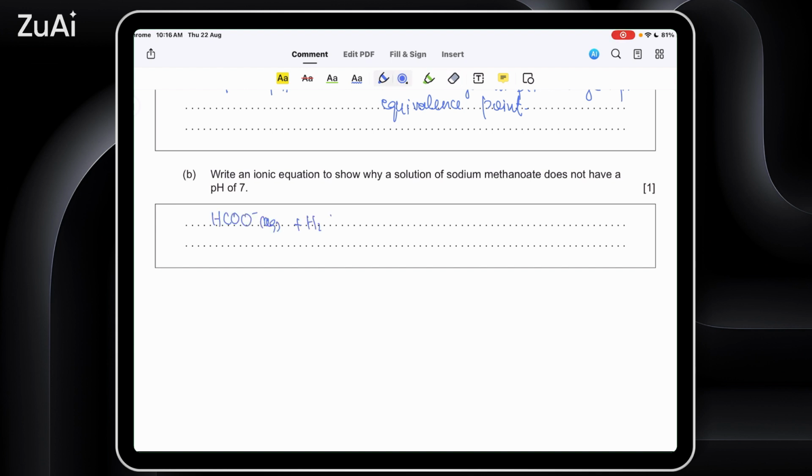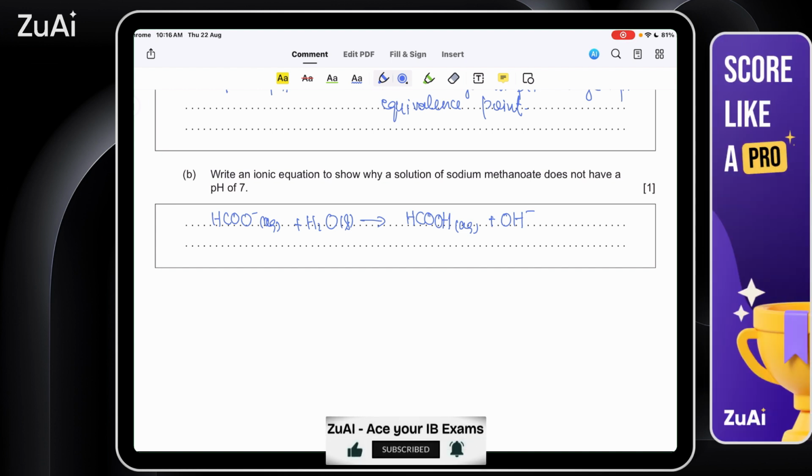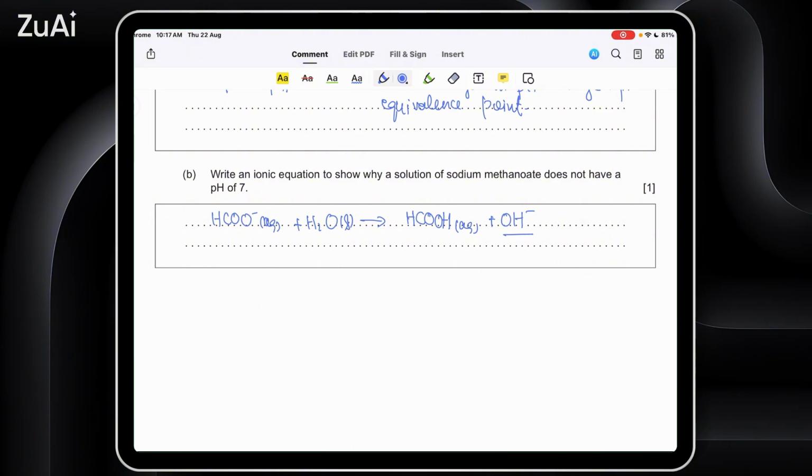It reacts with water, so it forms HCOOH aqueous and it generates hydroxide. So that's why it is not giving pH 7, due to the formation of hydroxide. That's the reason.